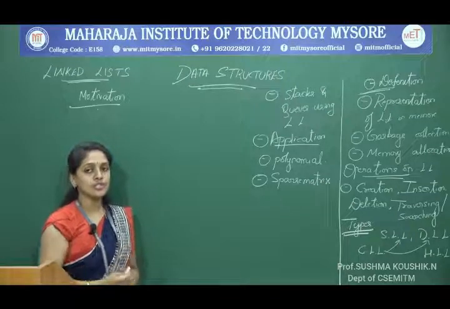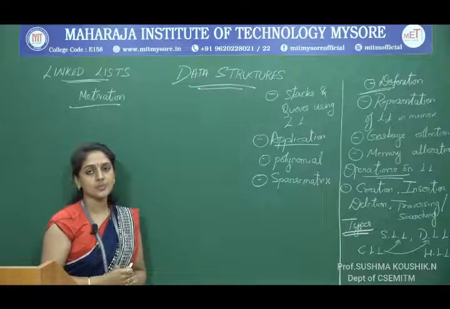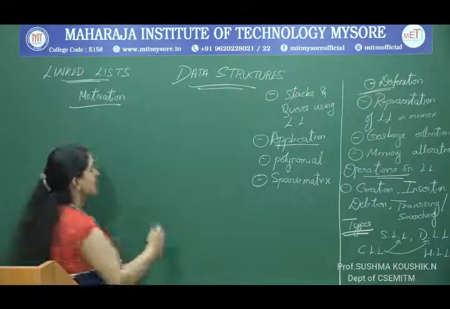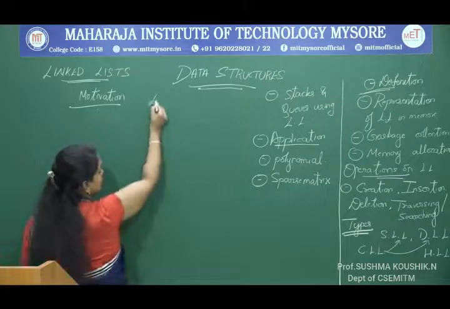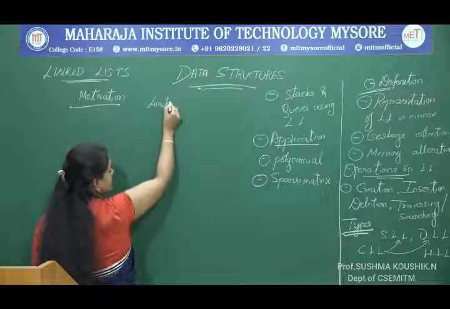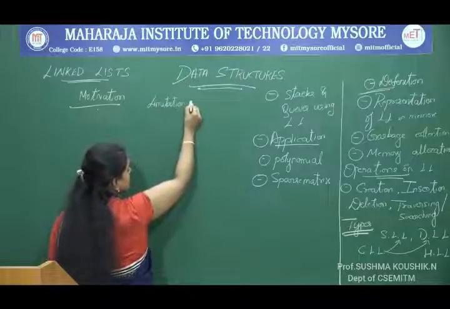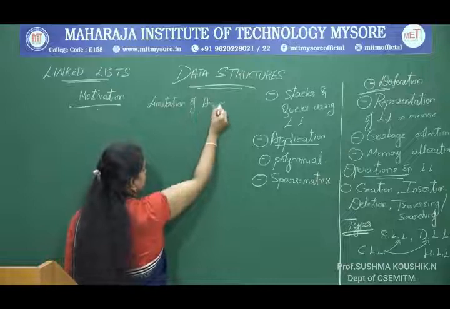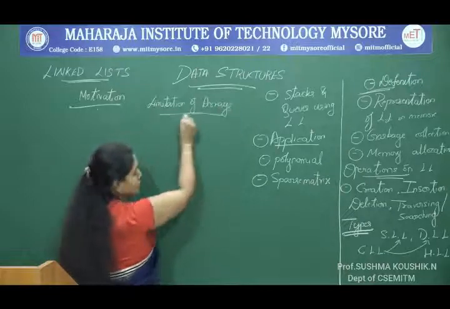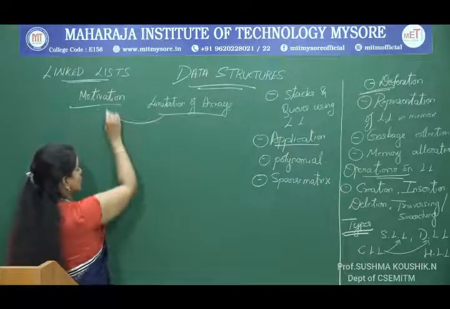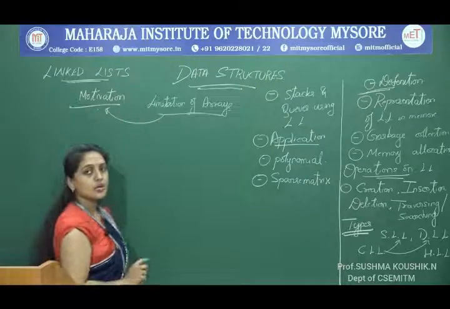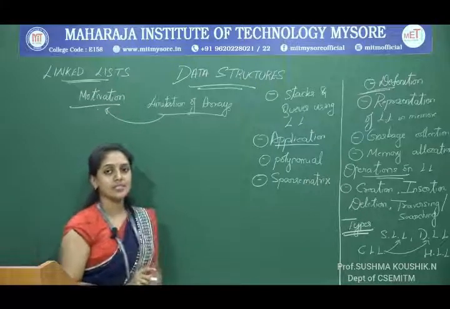So for the motivation of linked list, we are trying to see the limitation of arrays. What was the limitation of array, which eventually led to the motivation of linked list? So we will quickly revise the limitations of array.